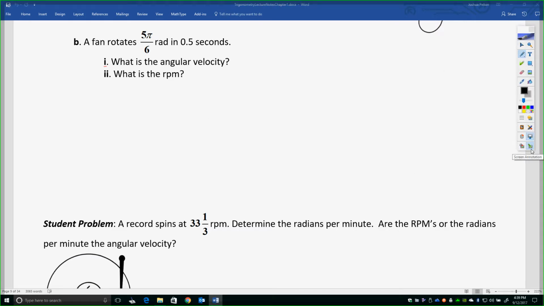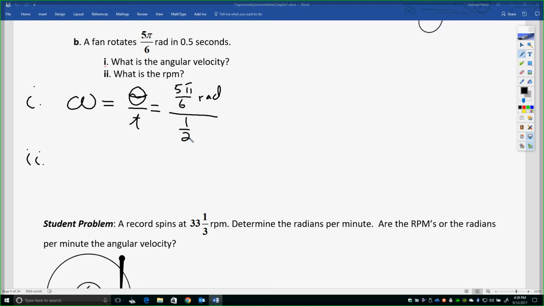Alright, so the fan rotates at 5 pi over 6 radians in 0.5 seconds. We want the angular velocity and the RPMs. So we've got parts I and II. The first one's angular velocity. Angular velocity, which is the funny w from the Greek alphabet, is the angle over time. The angle here is 5 pi over 6 radians over 0.5 seconds, but you want to have all numbers as fractions.